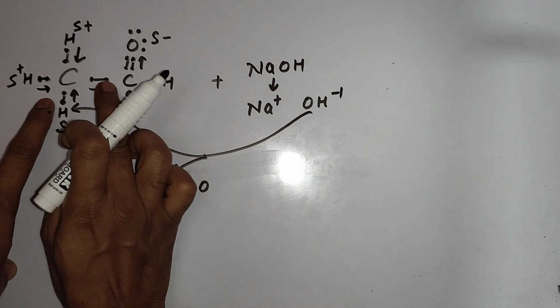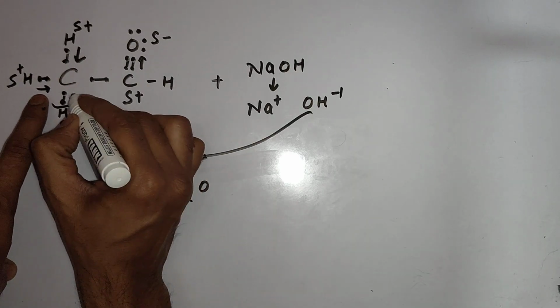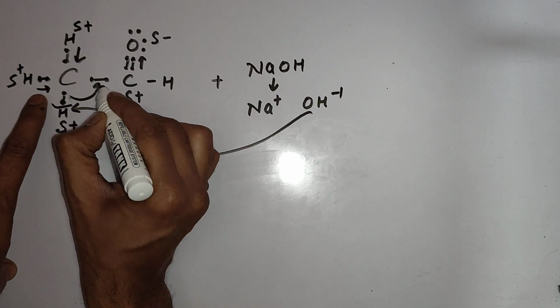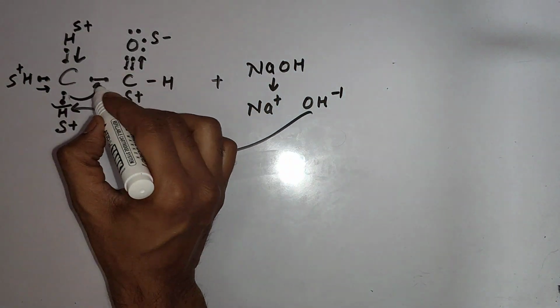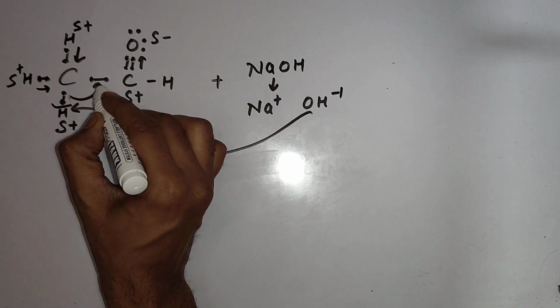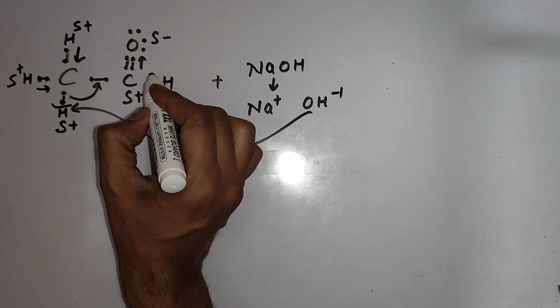When the bond breaks, obviously carbon will shift these electrons to that side, because this group is an electron attracting group due to oxygen. And when this bond is generated here, this carbon can make a maximum of 4 bonds.